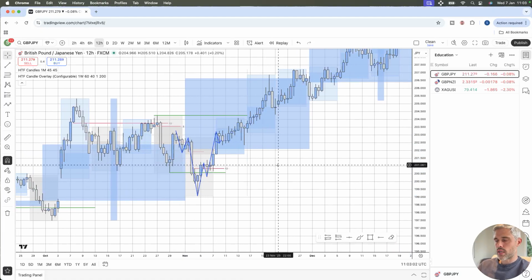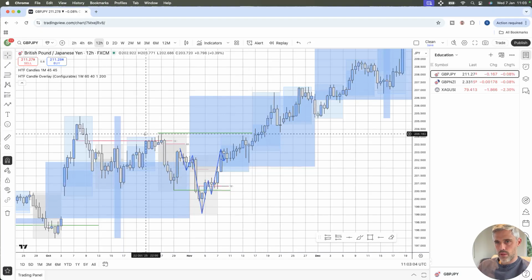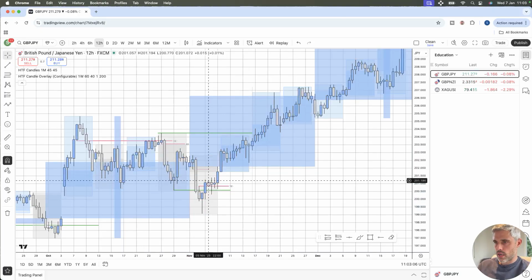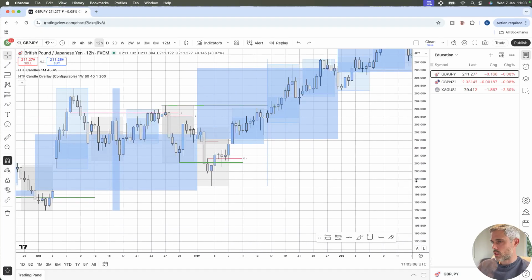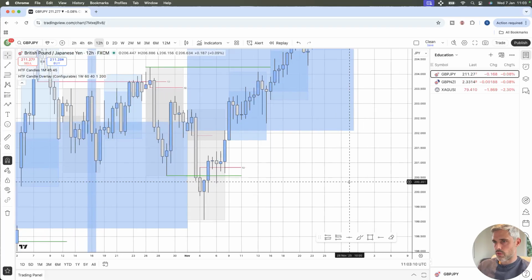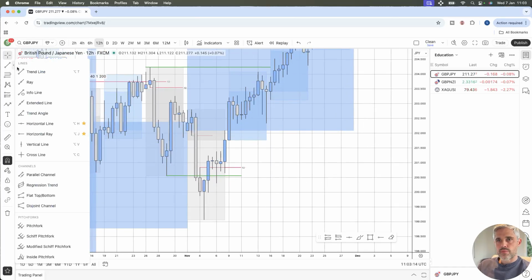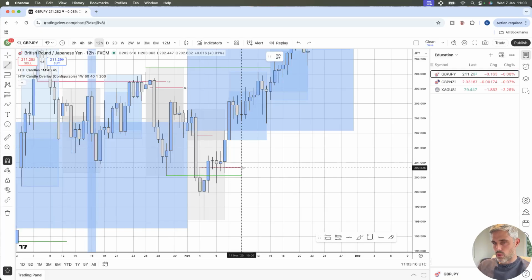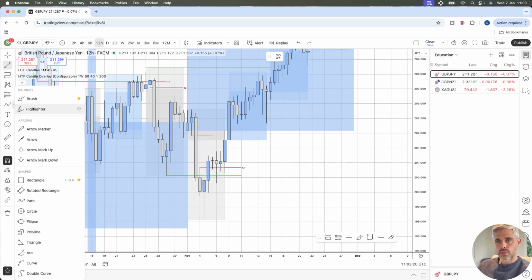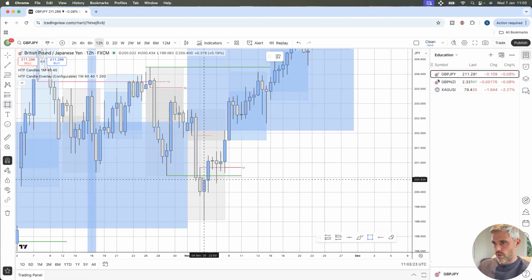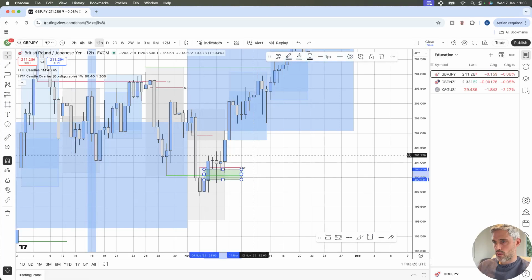And we're going to go through actually timing entries, but you can see, if I just take this away now, what actually happens here. We just look at this specific area of price. You have order block already marked, and then you have fair value gap right here.